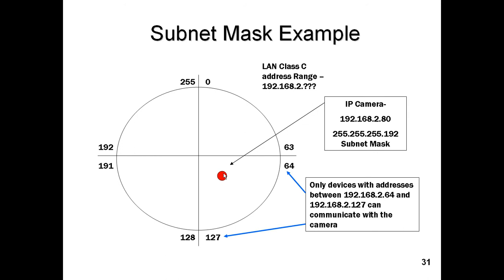So what this means to us in the real world is this isn't a problem, except the security director, the boss, whoever is supposed to be able to call into that camera must have an IP address, static or dynamic, that falls into this piece of the pie. Otherwise, they can't see the camera. The camera won't talk to them. The camera will not talk to a device whose IP address is 192.168.2.20. It'll simply ignore it.